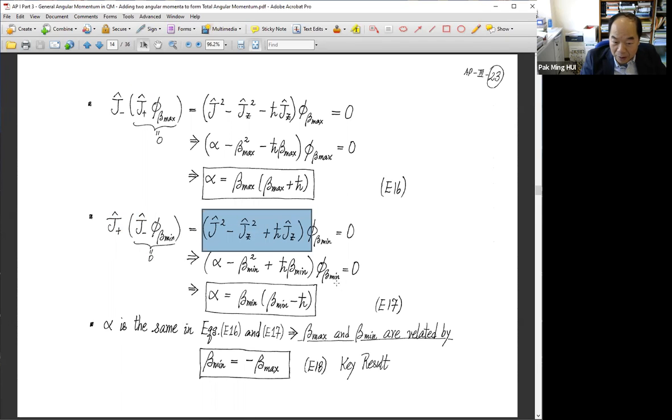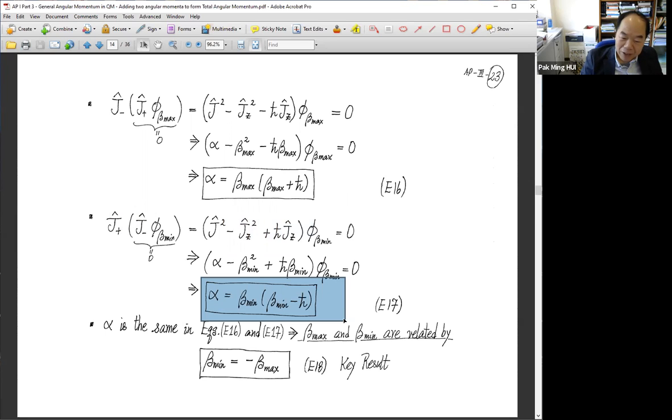Following similar arguments, we have the magnitude squared also given by beta minimum times beta minimum minus h bar. So now we have a relationship. We are talking about the same length for the angular momentum. So that alpha in equation 16 should be the same alpha in equation 17. Thereby, this ought to be equal to that.